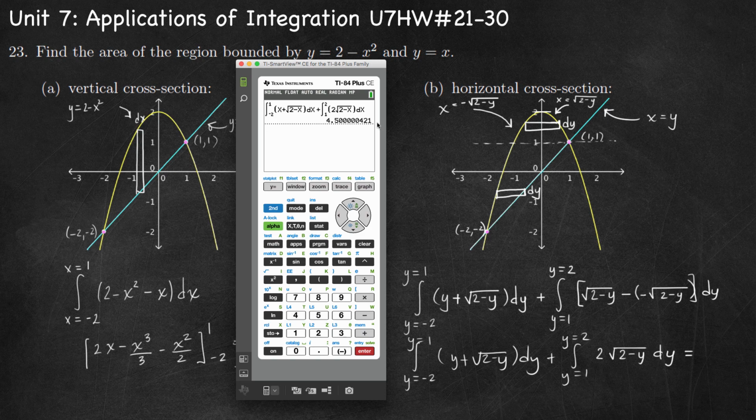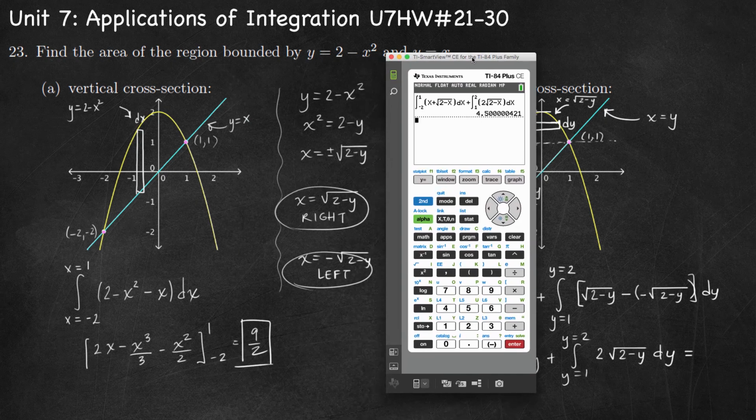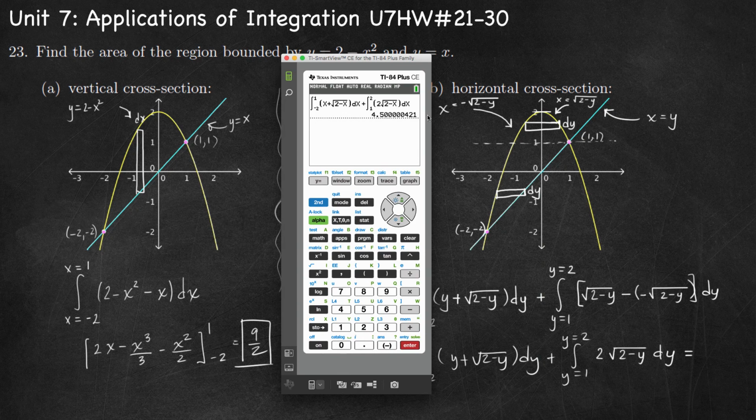Now we see that it's not exactly displaying as 4.5. It's 4.500000421. That's just round off error in the calculator. Because the calculator isn't evaluating these integrals by hand, obviously. It's got an algorithm that it's using, and so it's off by a little bit. It really should exactly be 4.5.